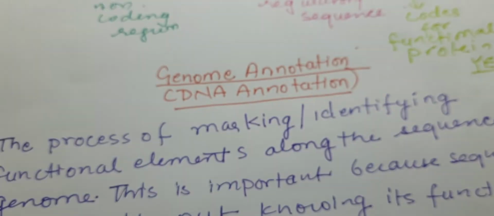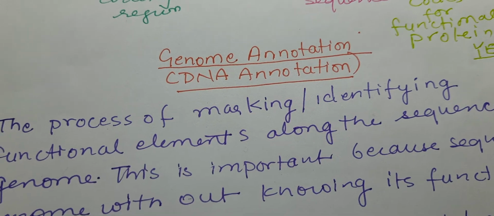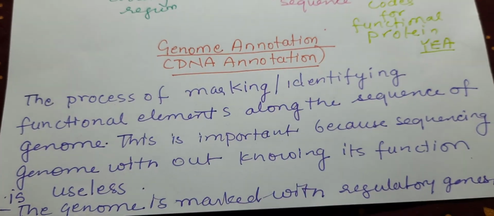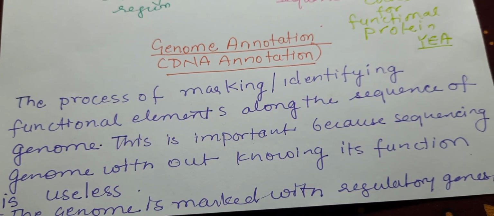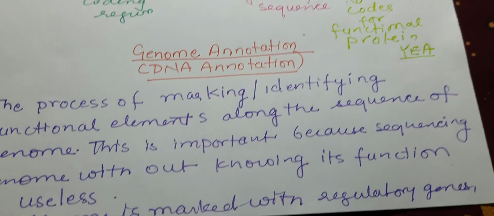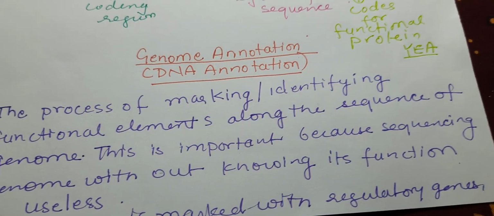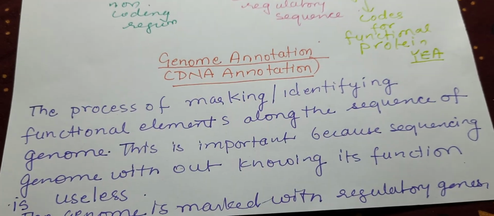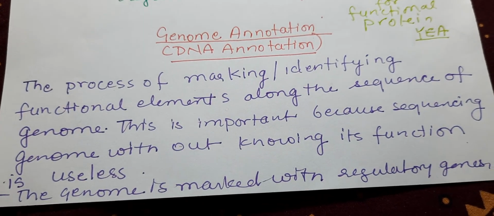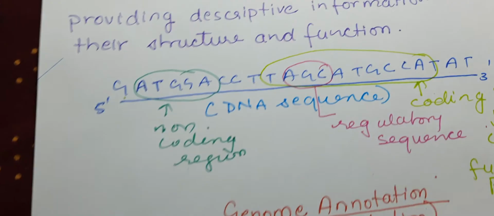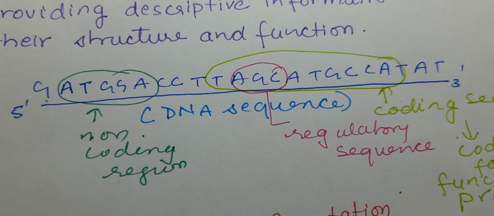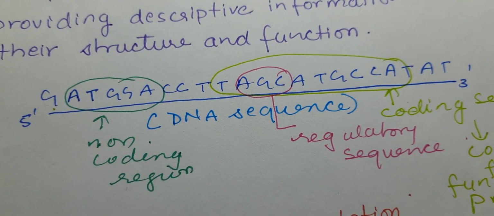Now genome annotation or DNA annotation is also a related term. It is the process of marking or identifying functional elements along the sequence of a genome. If we are doing it for the whole sequence, then we say it is genome annotation, and this is important because sequencing a genome without knowing its function is useless. Even though we know the sequence, if we don't know which are the coding regions, what are we going to do with it?